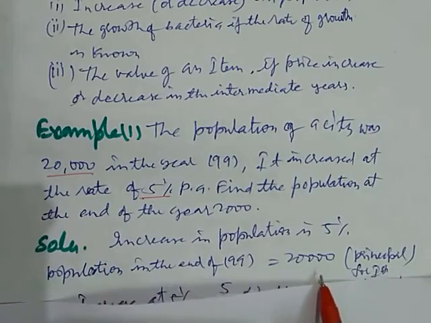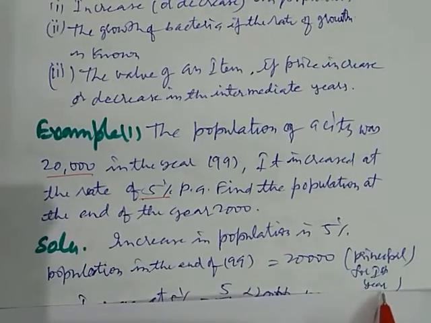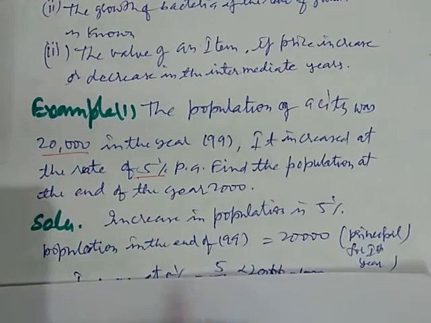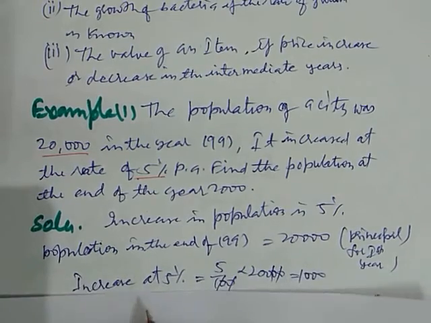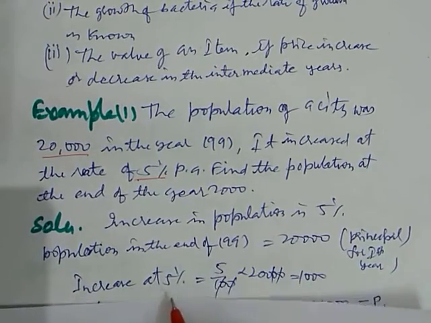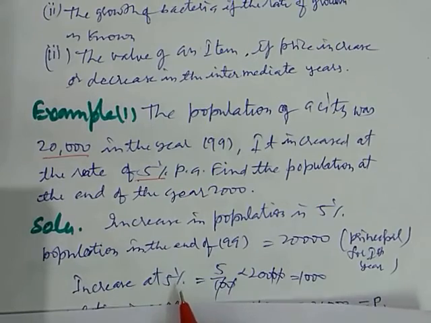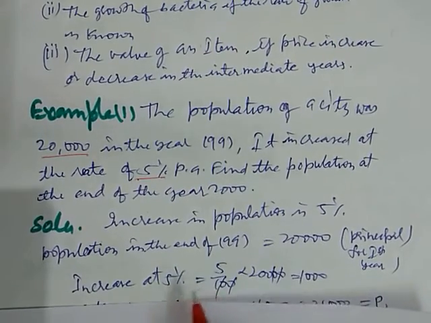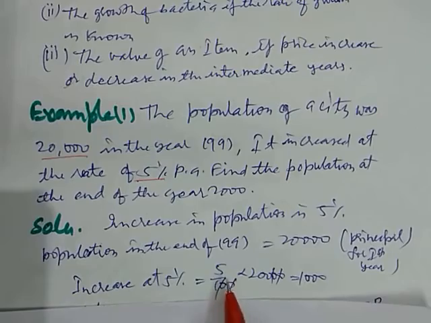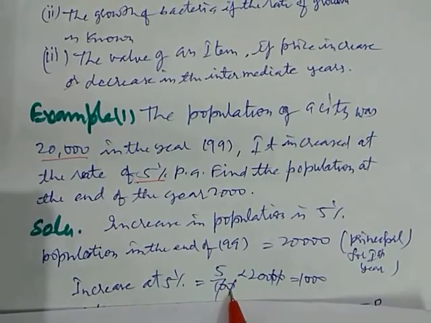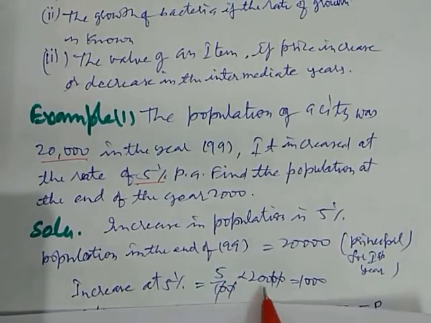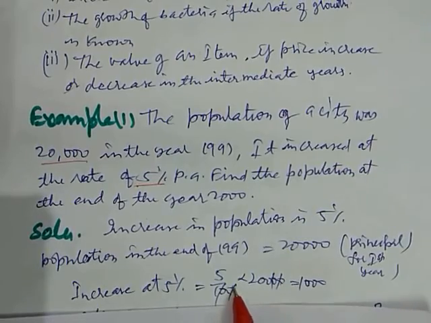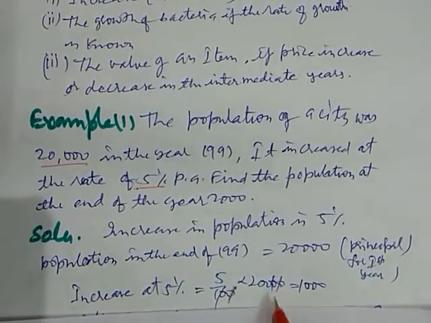So this we take as the principal for the first year. The increase at 5% is, first we convert this percent into the number 5 by 100, into 20,000. Now this 0 and this 0 cancel by these two.